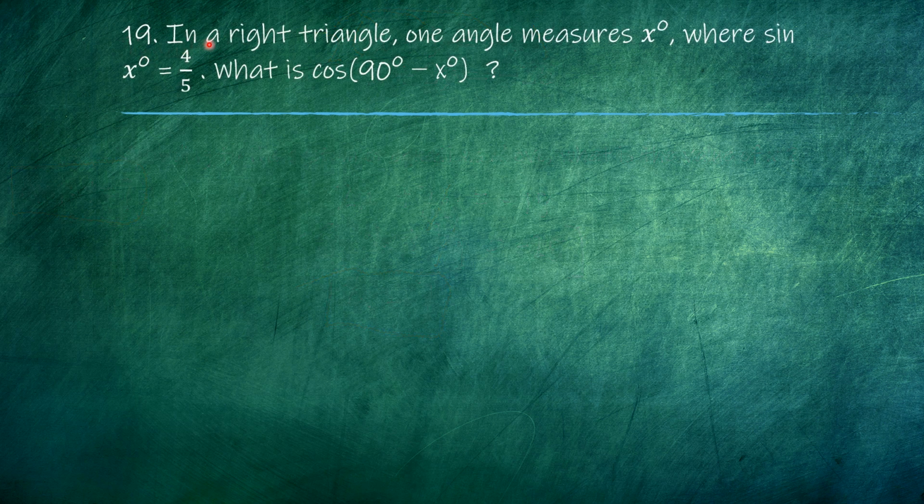Question 19. In a right triangle, one angle measures x where sine of x is 4/5. What is the cosine of 90 minus x? Go ahead, pause the video and try it yourself. The answer is simply 4/5.